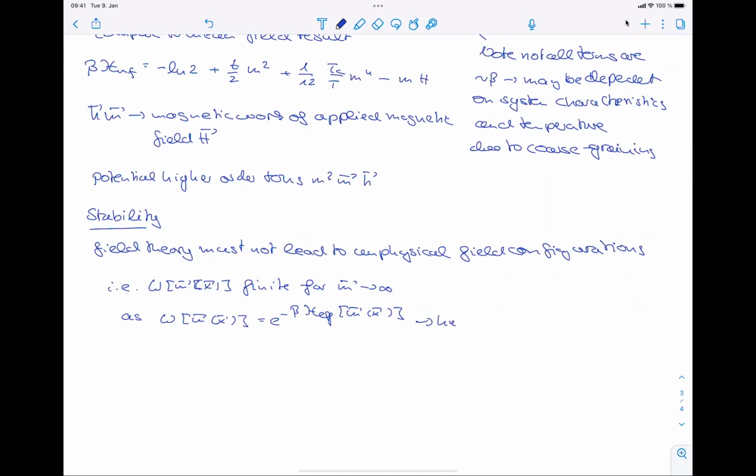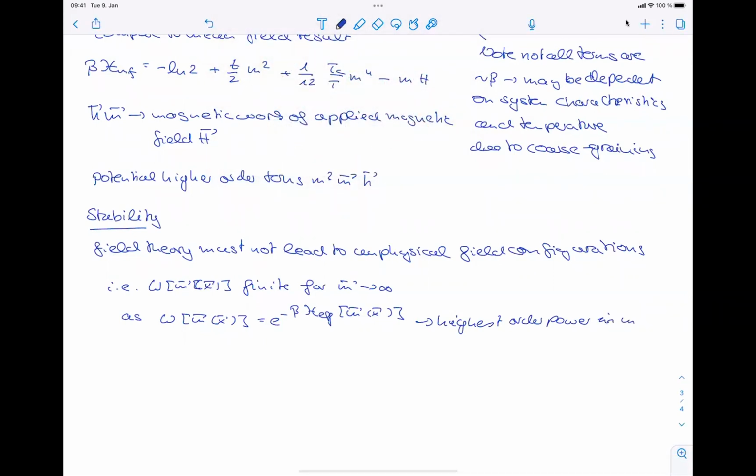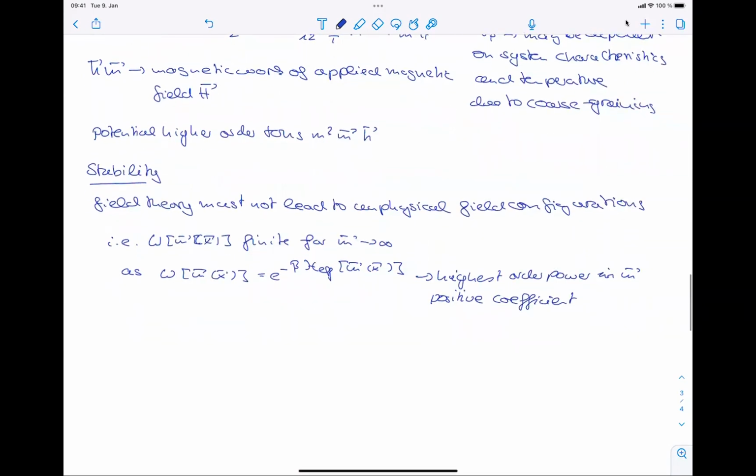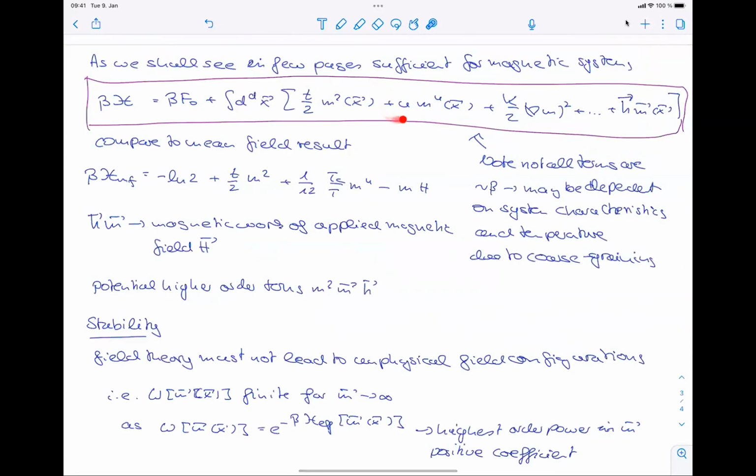So the highest order power of m has a positive coefficient, the U in this case, right?